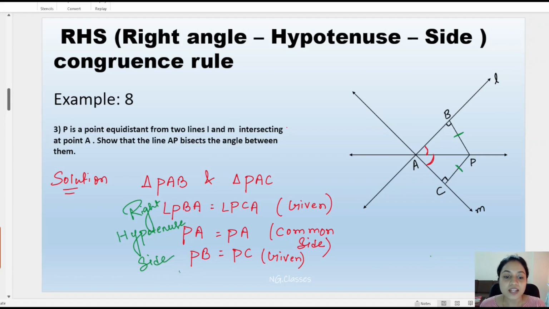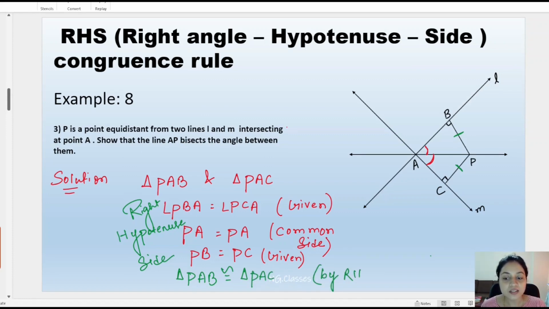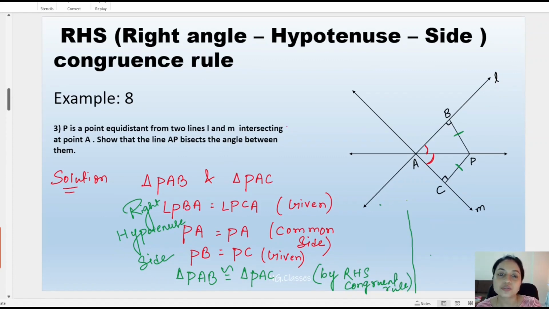Hence we can write triangle PAB is congruent with triangle PAC by RHS congruency rule. And since we have to show that the line AP is bisecting angle A, since the two triangles are congruent with each other, their corresponding sides and corresponding angles will also be equal to each other.